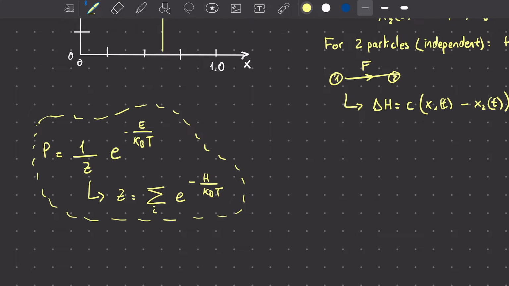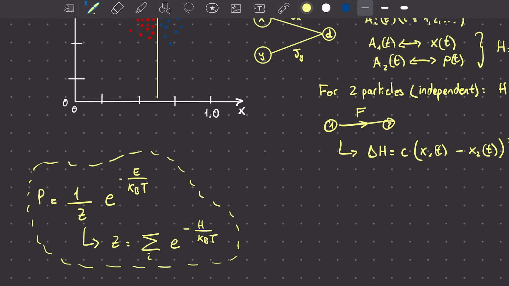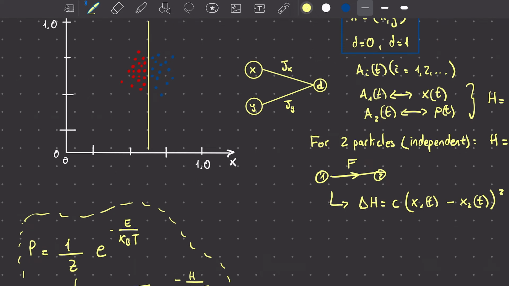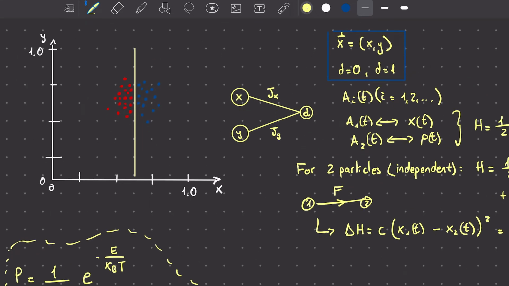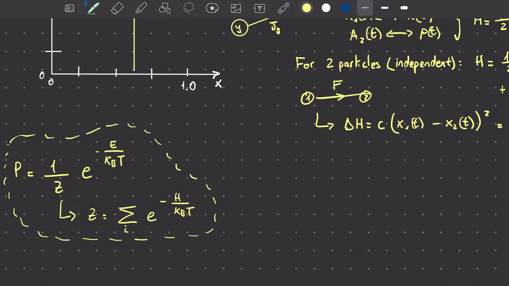Let's come back to our problem here of binary classification of data. Because the vector x seems to be correlated with the label d, or the outcome d, let's try to use this information to come up with a Hamiltonian, right?